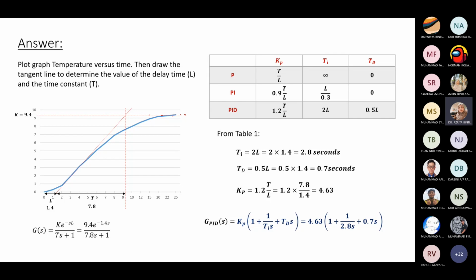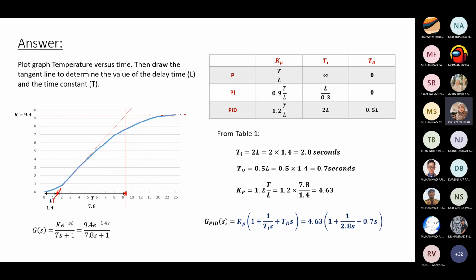And then we draw the tangent line, just draw the tangent line here. So we have here the intersection between the tangent line and the final value. So we note this value, and then the intersection between the tangent line and the x-axis here.